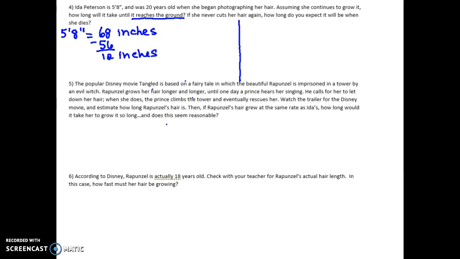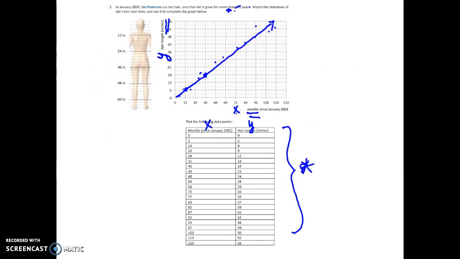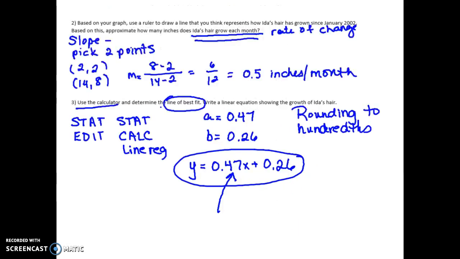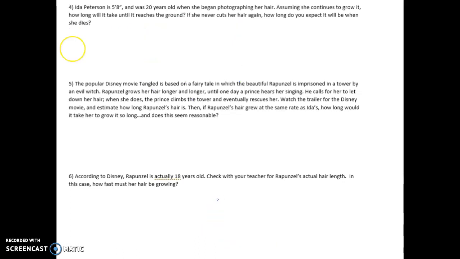Now, let's draw it down here so I don't have to keep switching pages. Going back to my graph, my months are my x-axis and my inches are my y. This is months, and this is inches. For number 4, we're going to figure out our y value. We want to know how long it's going to take to grow 12 inches.